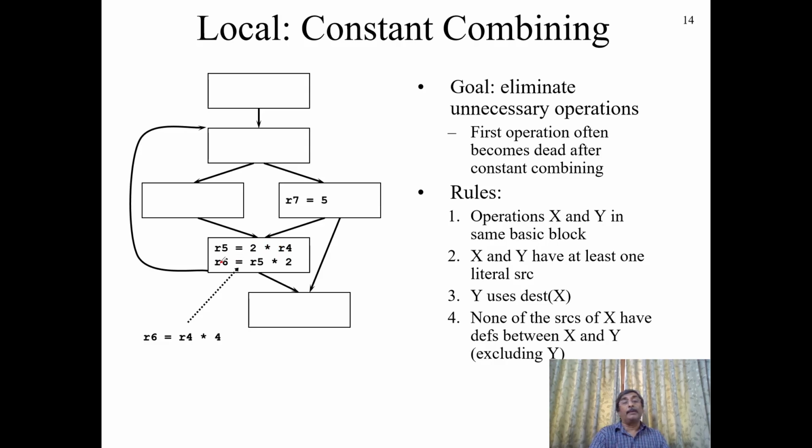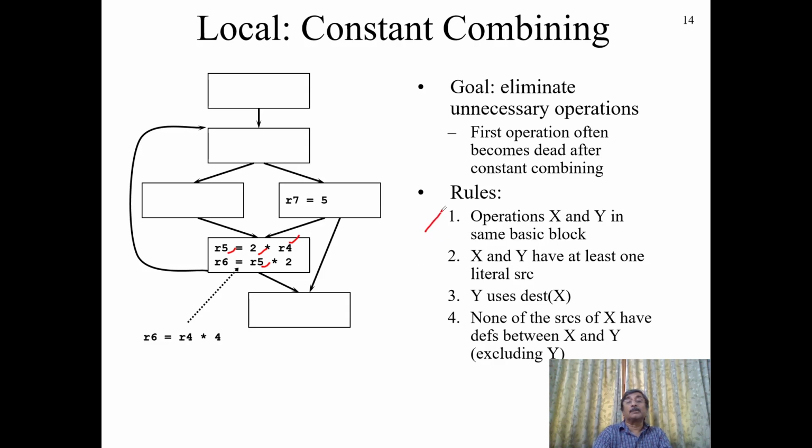Y uses the destination of X. X's destination is R5, and this destination is a source in Y, and none of the sources of X and Y, meaning R4 and R5, are defined between X and Y. If they are defined between X and Y, then I cannot say that R5 is just 2 into R4. If R5 is defined again, then I cannot just say that R5 equal to 2 into R4.